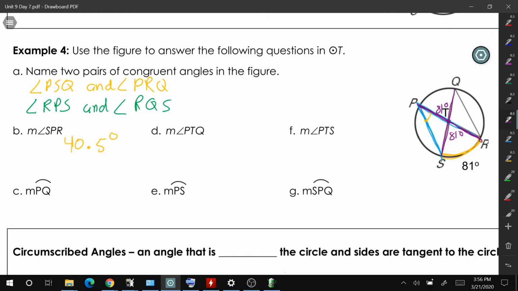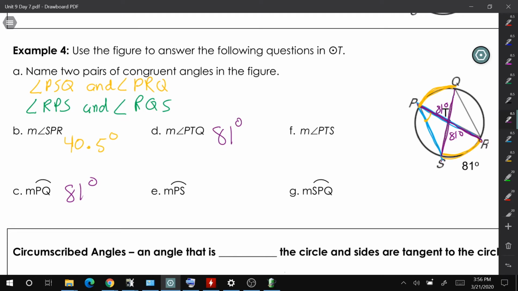Angle PTQ. Well, the central angle and the arc measure are the same. So if this vertical angle right here was 81 degrees, that means the measure of that arc PQ is also 81 degrees. Right, letter D, the measure of angle PTQ. Oh, PTQ, we already have that. It's 81 degrees.